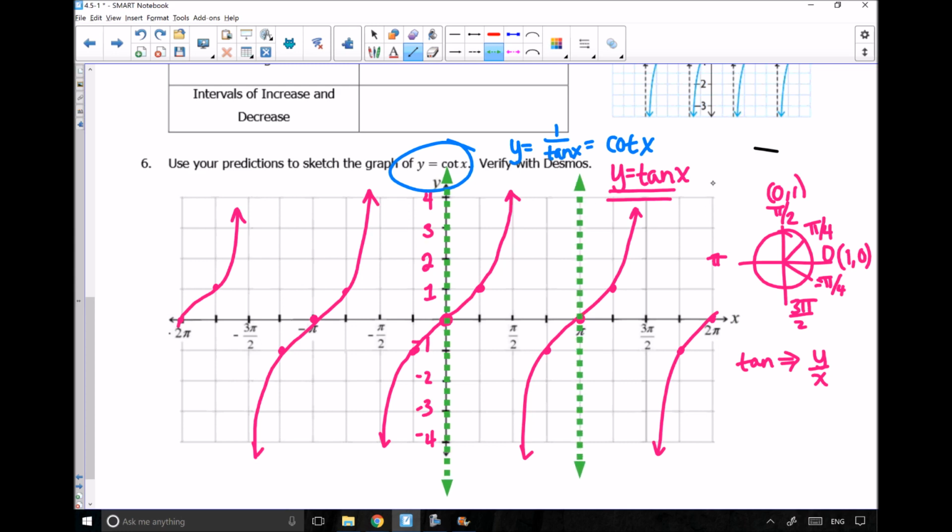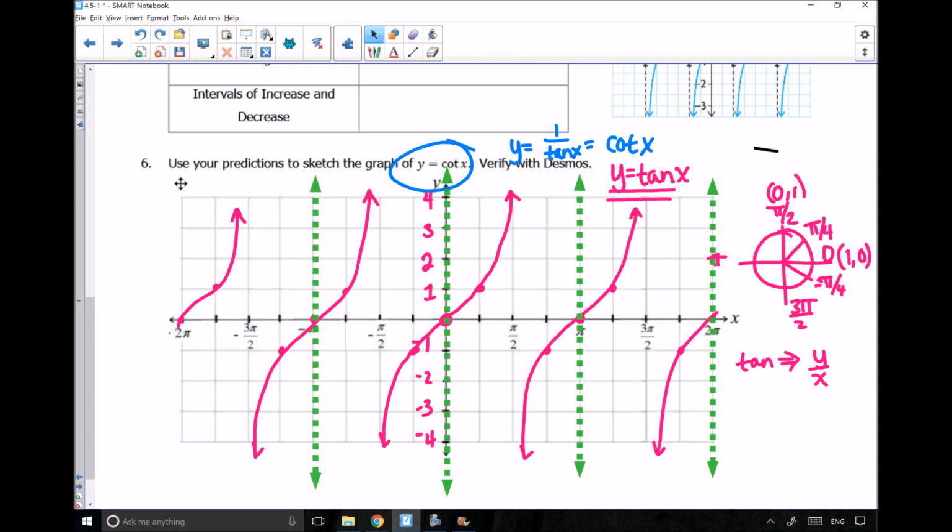So at 0, at pi, at 2 pi, at negative pi, and at negative 2 pi. Okay, we also know that our original graph had an asymptote at negative 3 pi over 2. So the reciprocal of undefined is going to be 0.